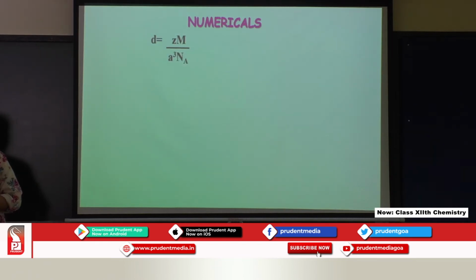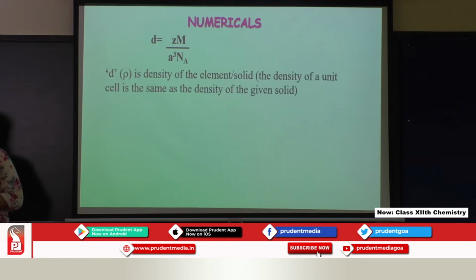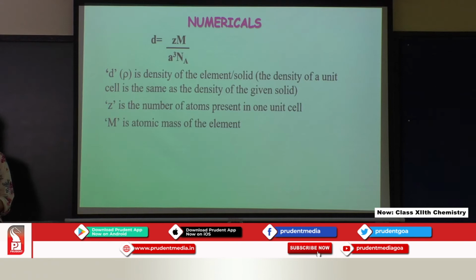A simple numerical based on this formula. D, which is also represented by the symbol rho, is the density of the element or solid. Remember that the density of the unit cell is the same as the density of a given solid. Z over here is the number of atoms present in one unit cell.